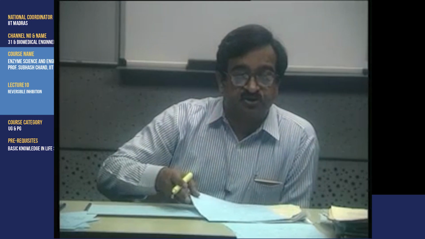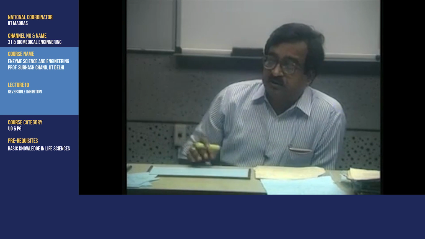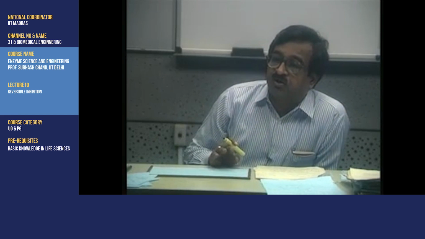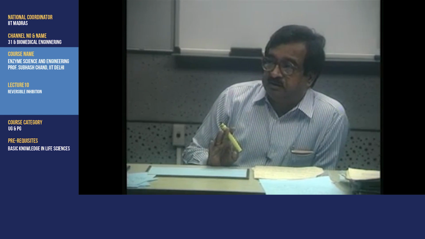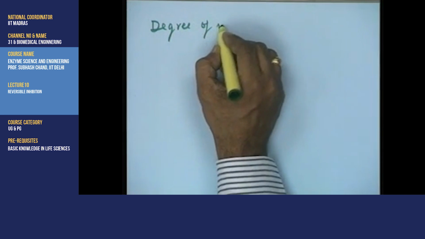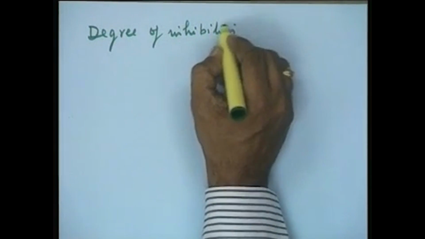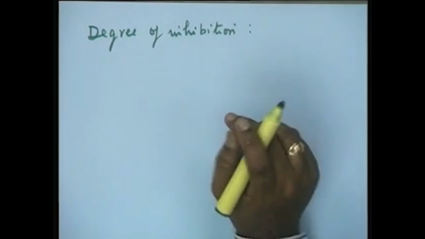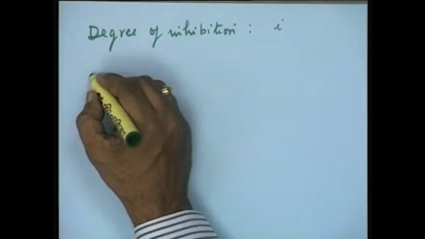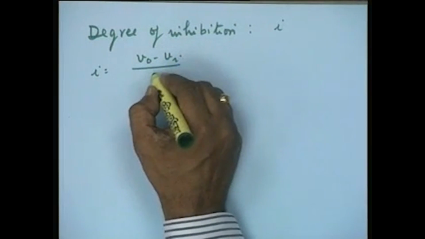Now, another feature which you recall that I mentioned, a general feature which gives you the characteristic of any type of inhibition pattern, is degree of inhibition. If we just recall from all our rate expressions that we wrote about the different types of inhibition pattern, the degree of inhibition is equal to V naught minus V I upon V naught.